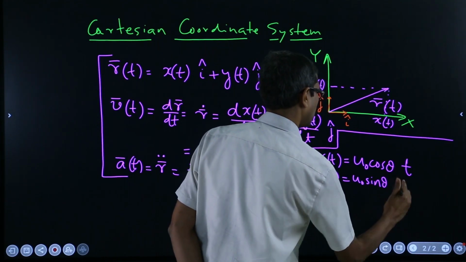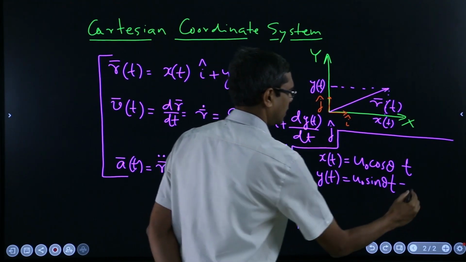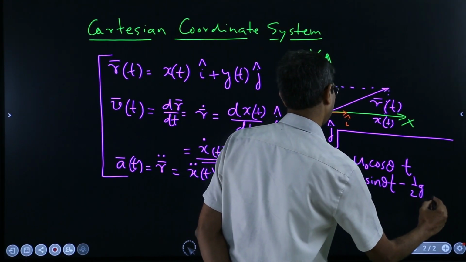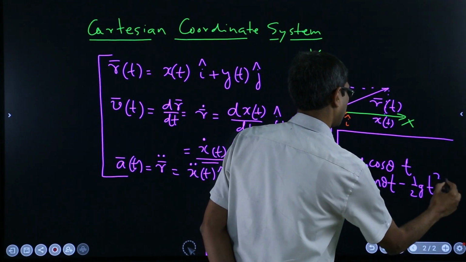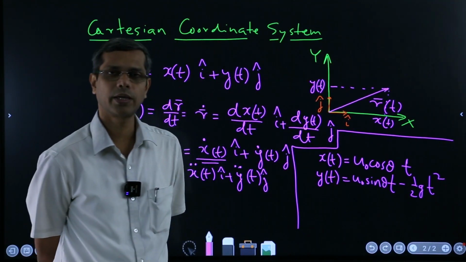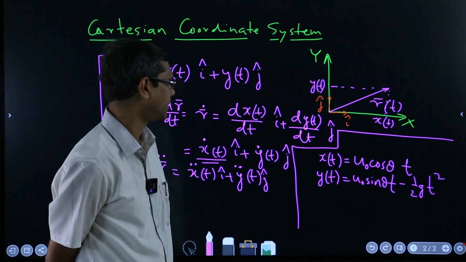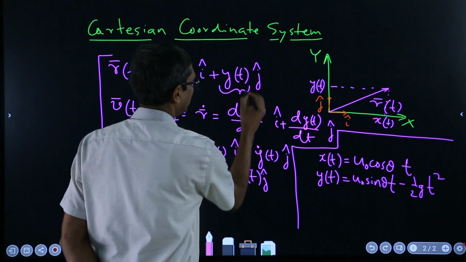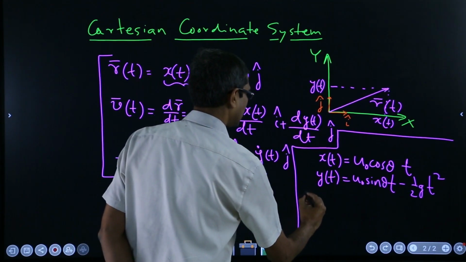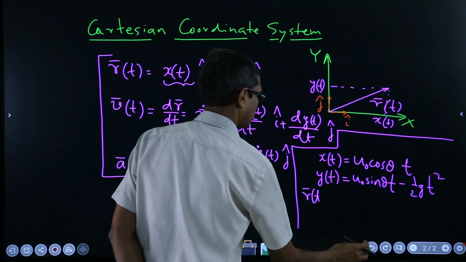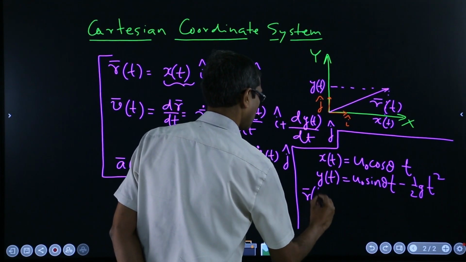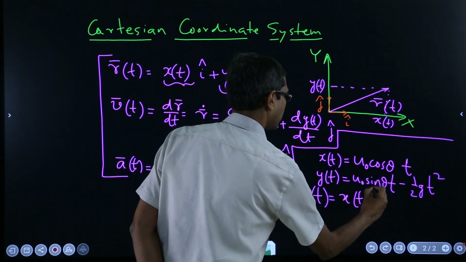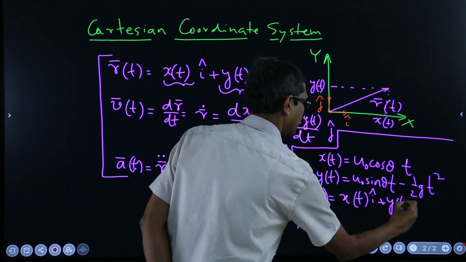t minus half g times t square. Okay, so that's how these x of t and y of t functions will change like that, and you will just have r of t, which is nothing but x of t i plus y of t j.